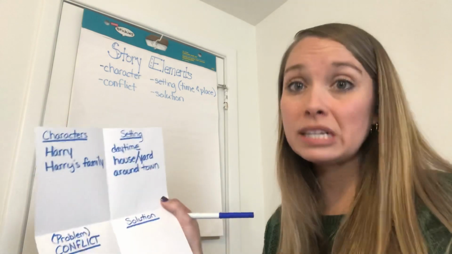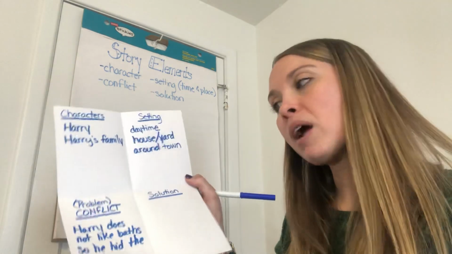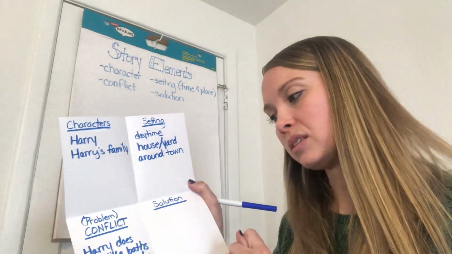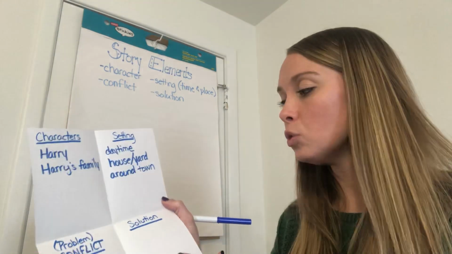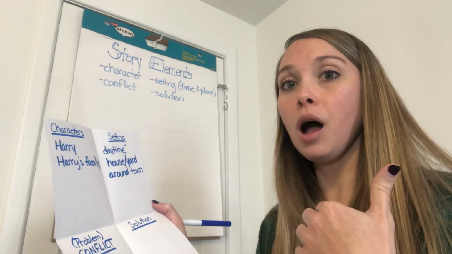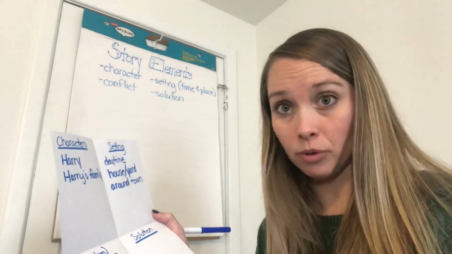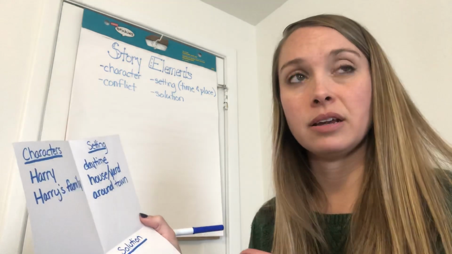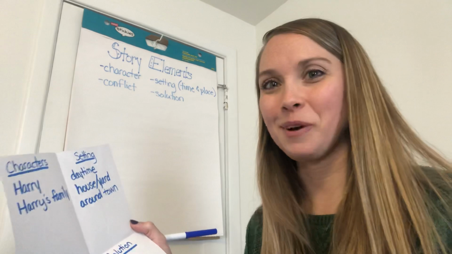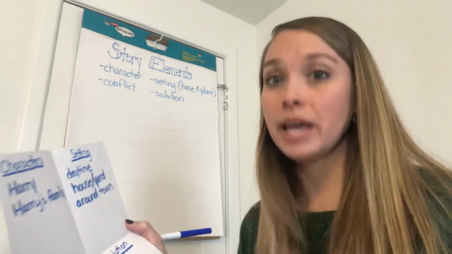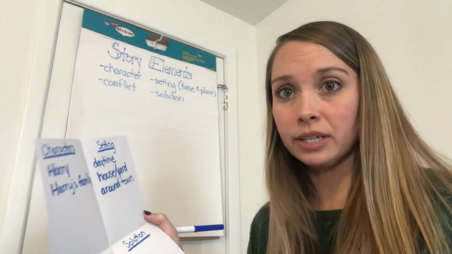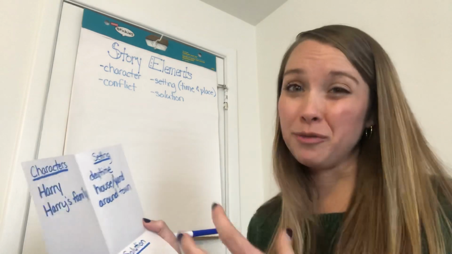That solution fixes the conflict. Since my conflict is Harry does not like baths, so he hid the brush, my solution would then become Harry returns home, gets the brush, and what's the other part that I need in my solution? Takes a bath. That conflict is what started and became a main focus of the story.